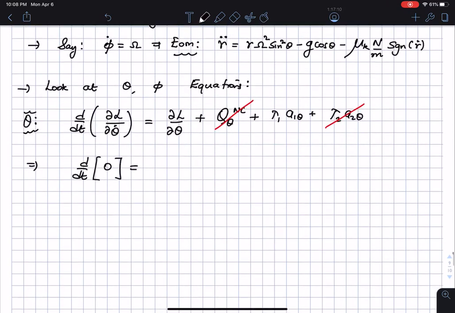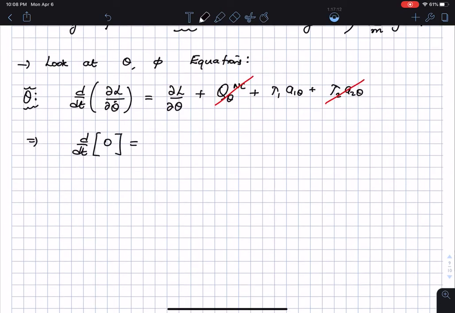Okay, so this is what I end up getting: m r square phi dot square sine theta cos theta plus m g r sine theta plus lambda 1 times 1.